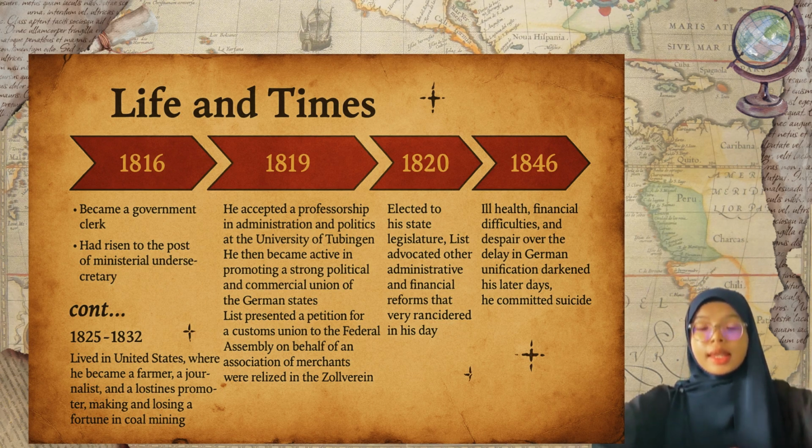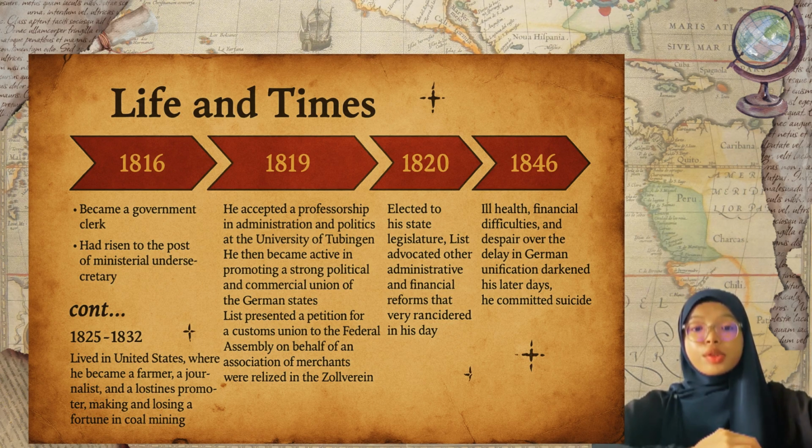As you can see, in 1816, he began his career as a government clerk and rose to become undersecretary. By 1819, he was a professor at the University of Tübingen and started advocating for the unification of German states through economic policies like the Zollverein. In 1820, List was elected to his state legislature and pushed for reforms, although his ideas were often dismissed.